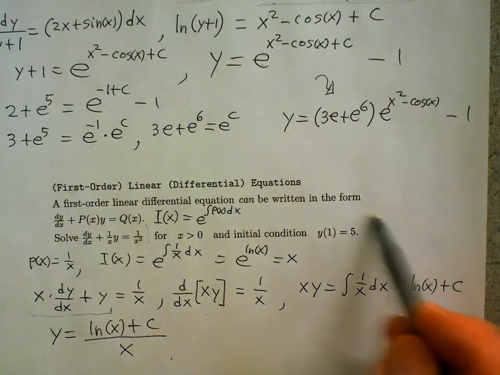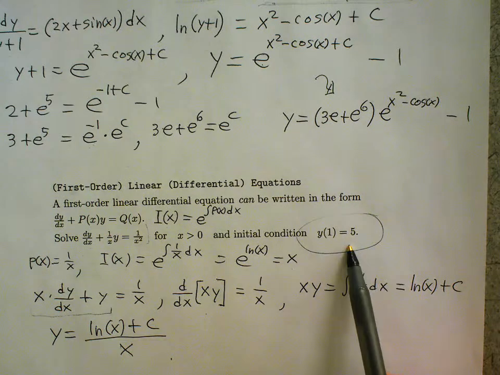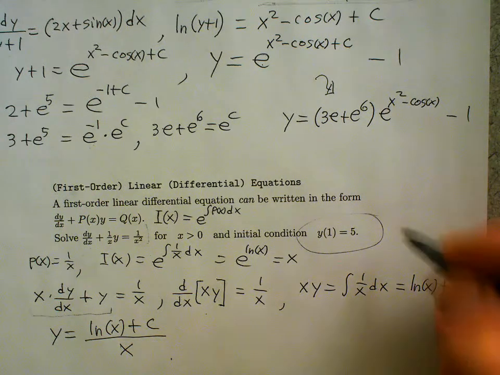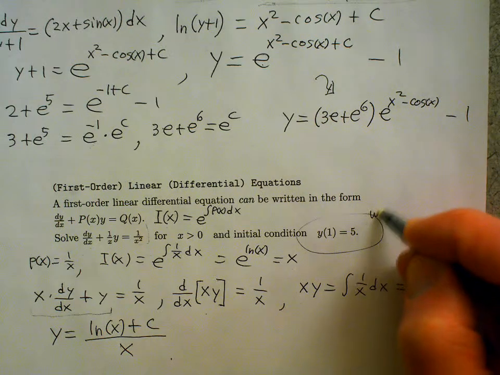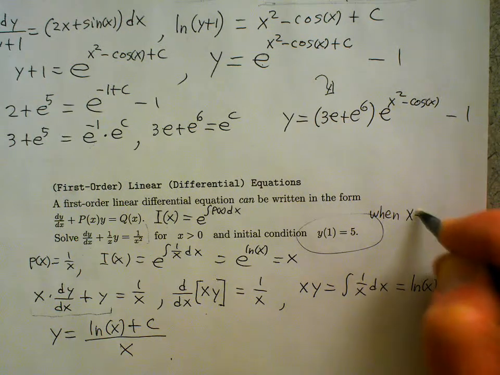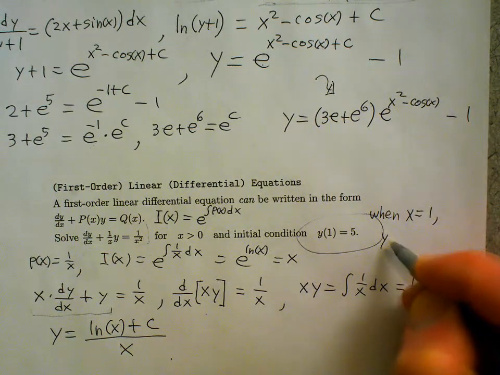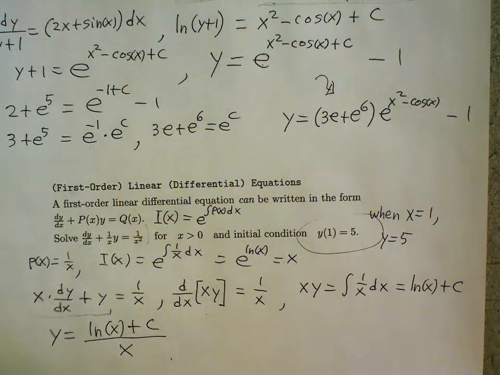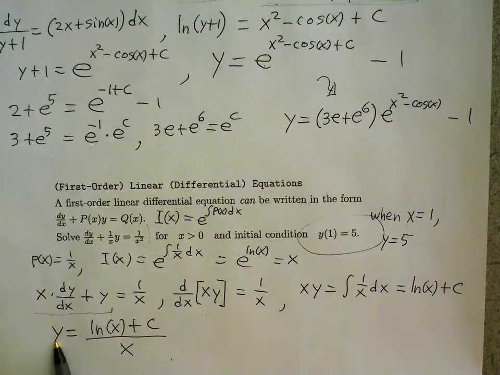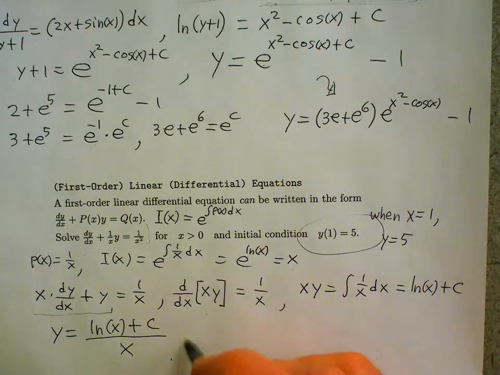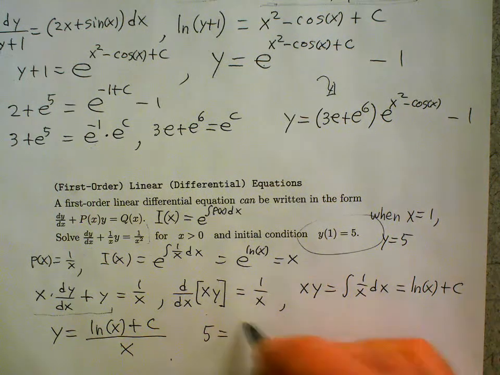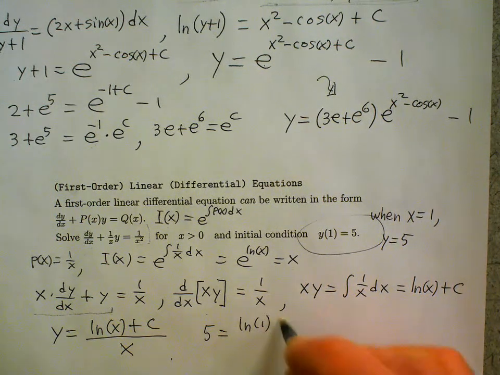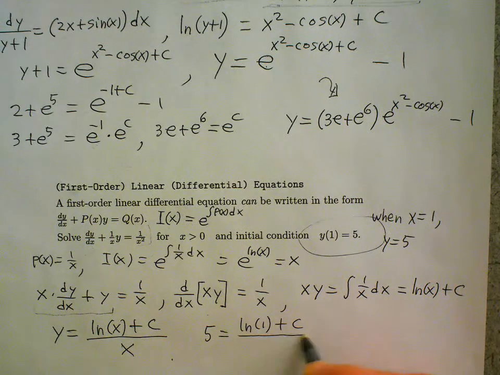And we have an initial condition, y of 1 equals 5. That means that when x is 1, y is 5. So in this equation, replace y with 5 and x with 1. So we get 5 equals the natural log of 1 plus c, divided by 1.